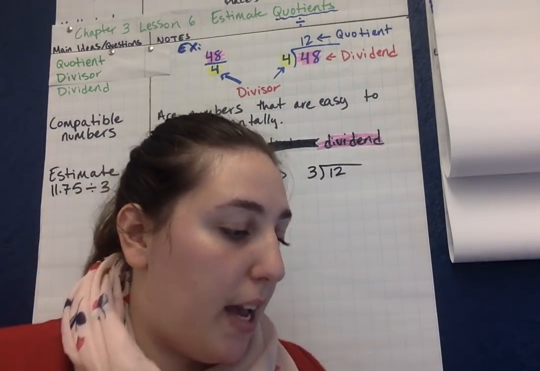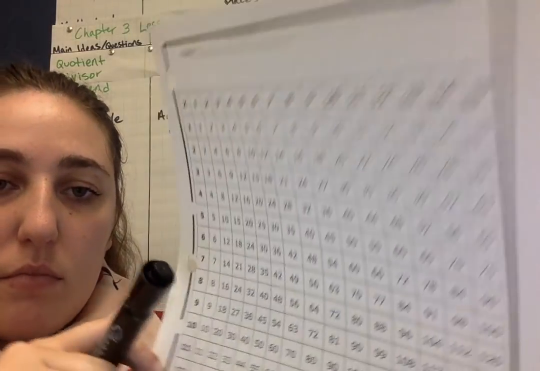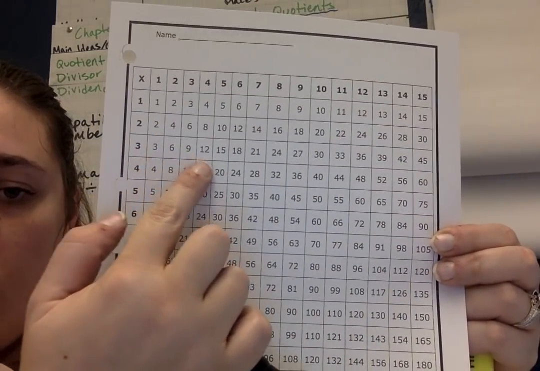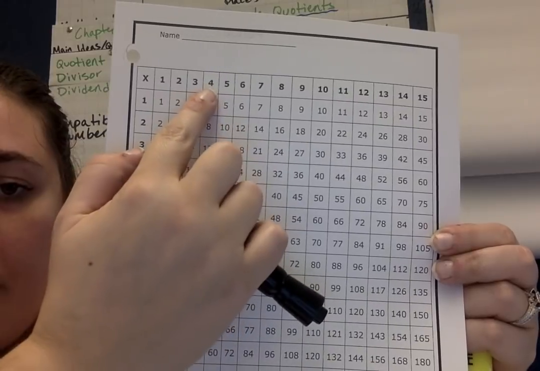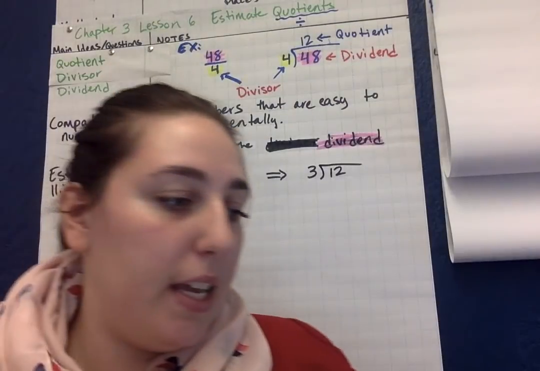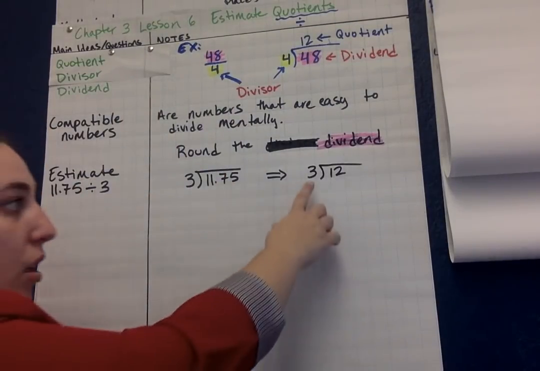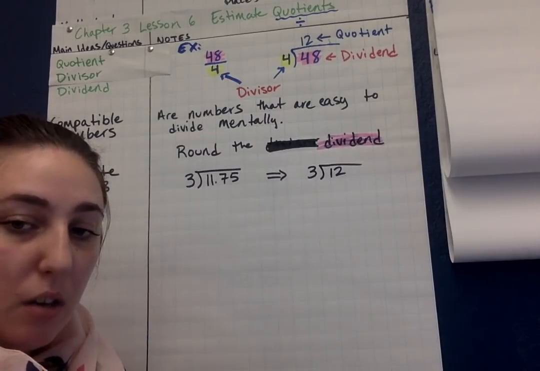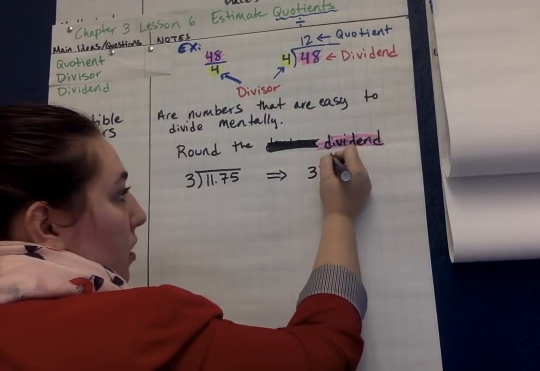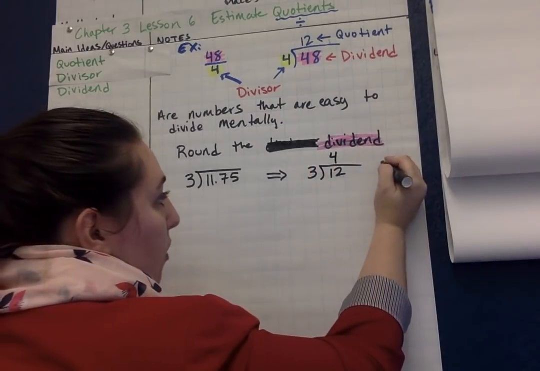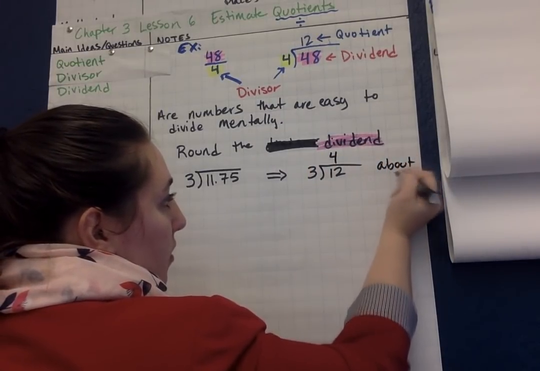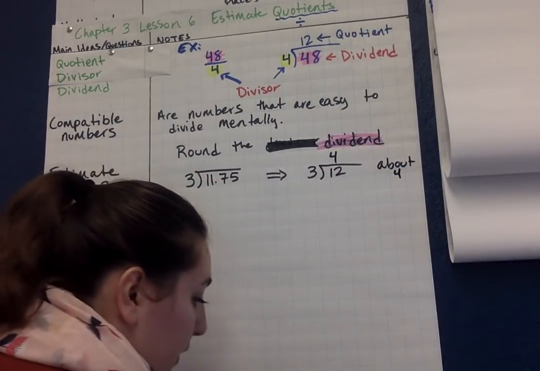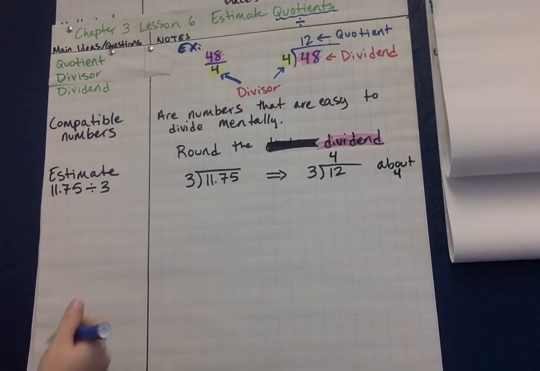If I look at my chart here, 3 goes into 12 exactly 4 times. So I also found my answer. Now I can think 12 divided by 3 is 4. So about 4.